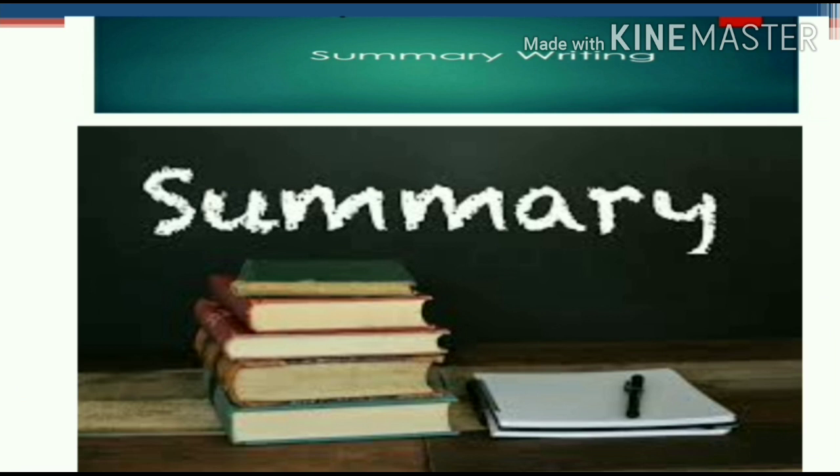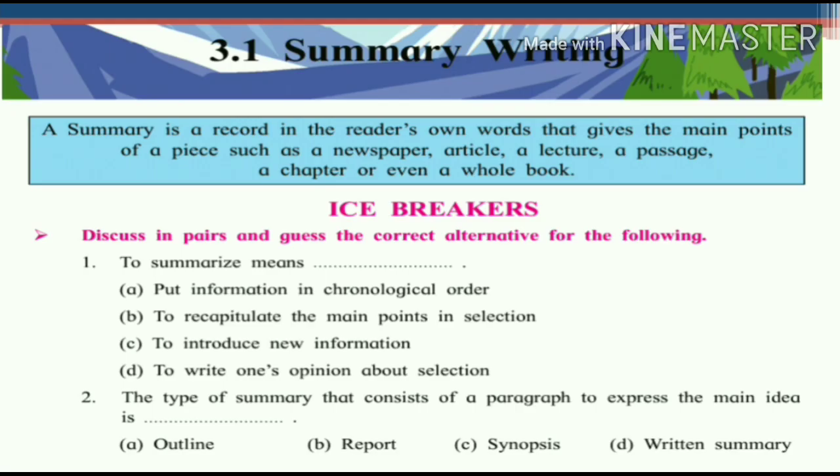Summary writing, this topic in your question paper has 3 marks. The question would be based on an unseen passage, and it is question number 2 in your question paper. Let's solve the first icebreaker.